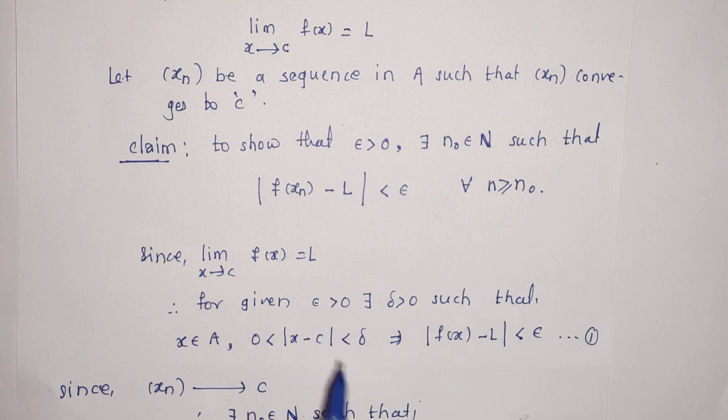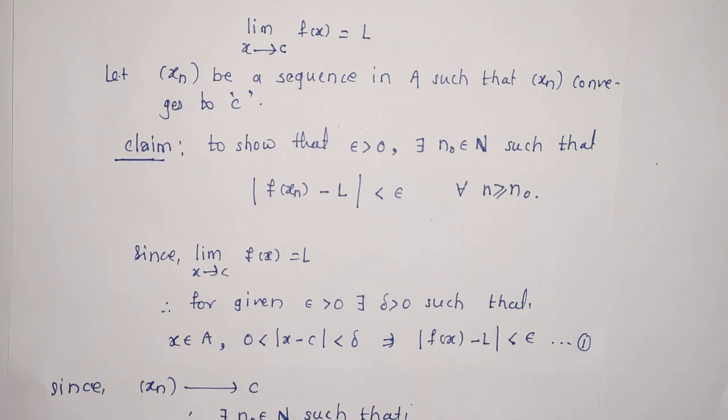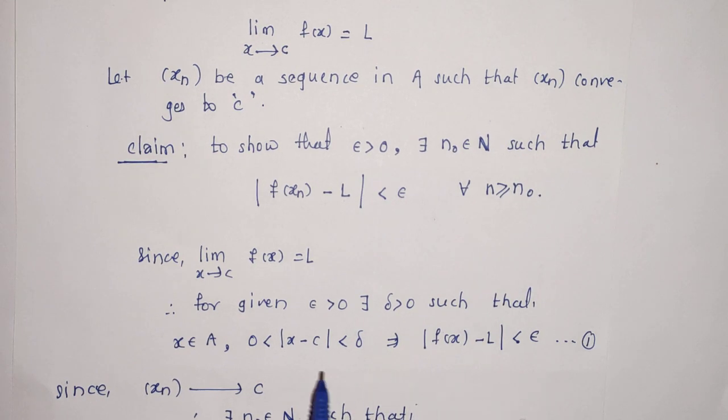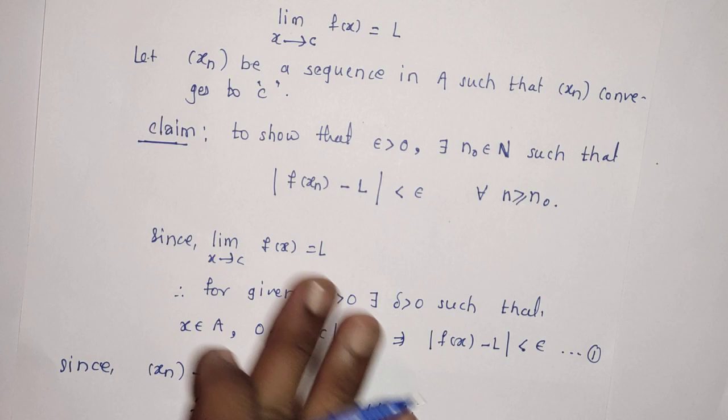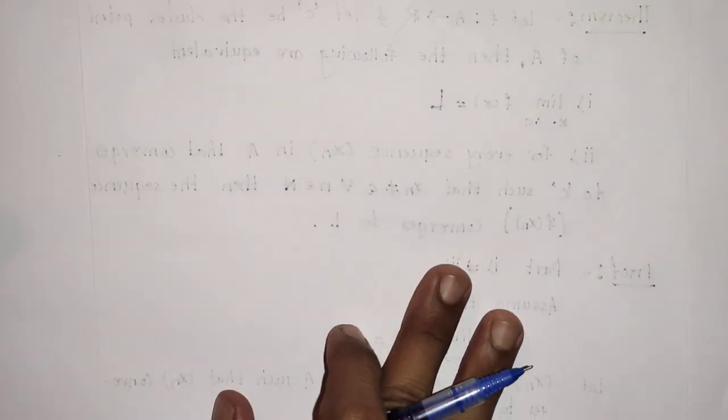So, using these two, again for epsilon greater than 0 there exists delta positive, and there exists some delta for which mod of xn minus c is less than delta. So, if we replace x by xn, then we can use these two equations.